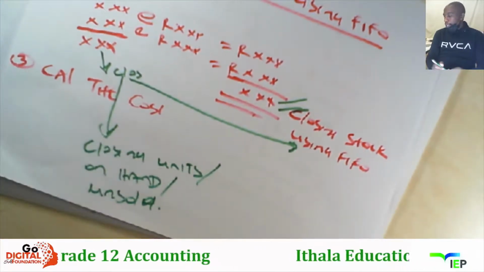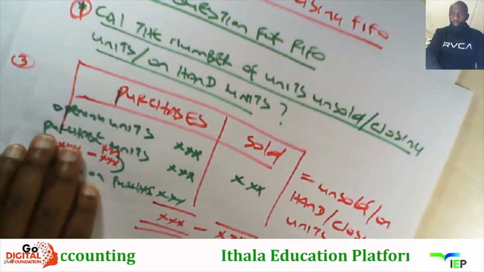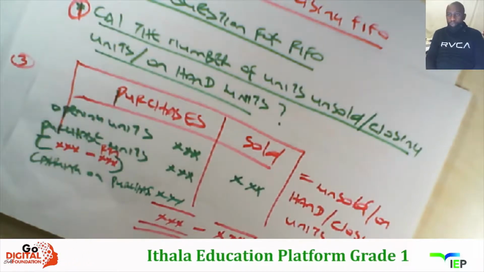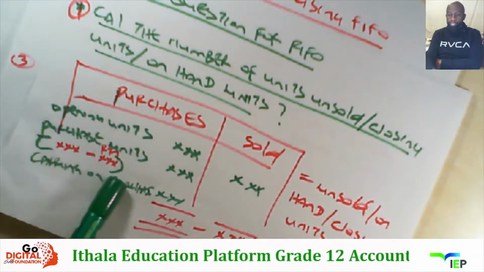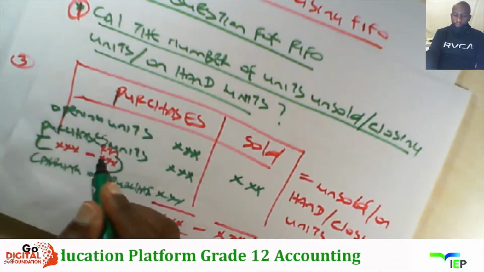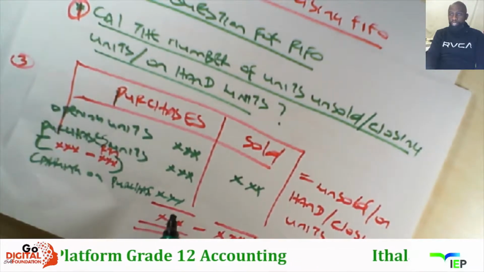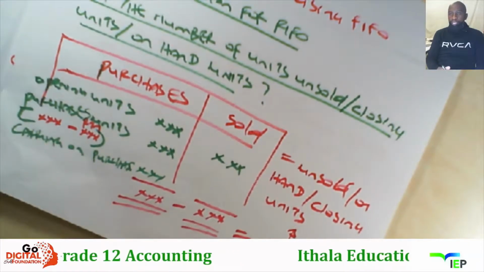Okay, and then you have also purchases and sold, right? Opening units, purchases, units, carriage on purchases minus the sold is equal to unsold, right?